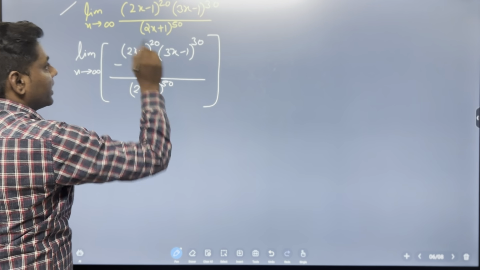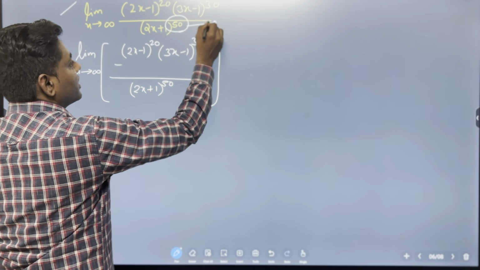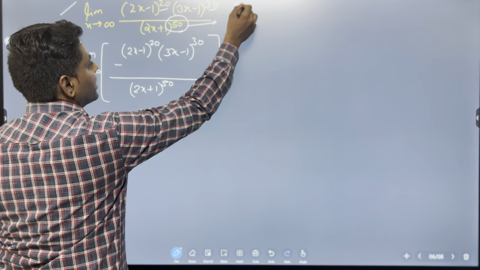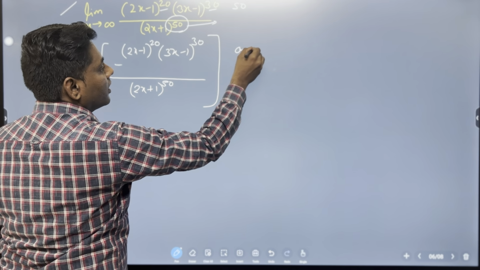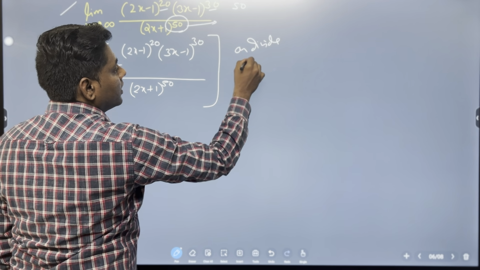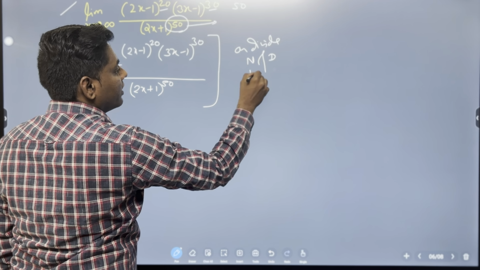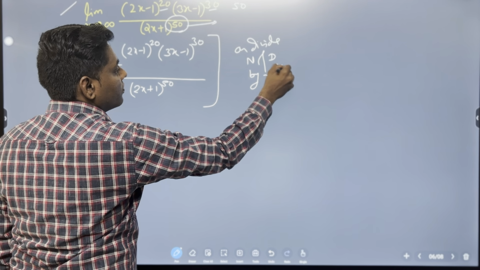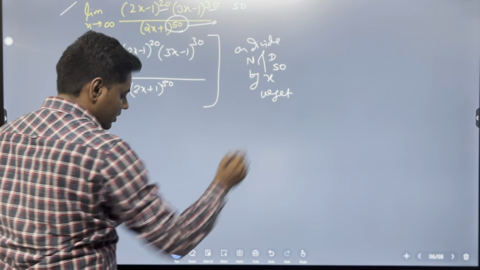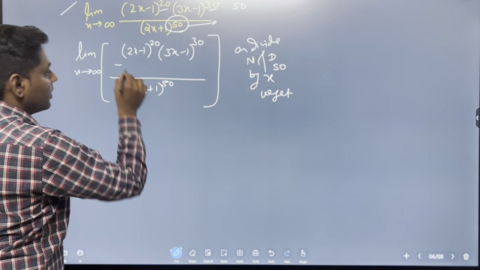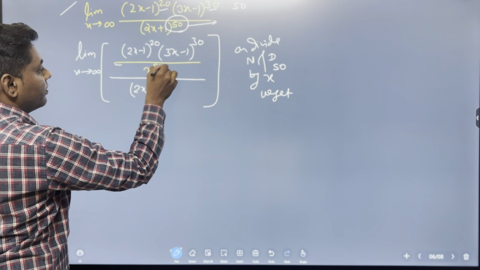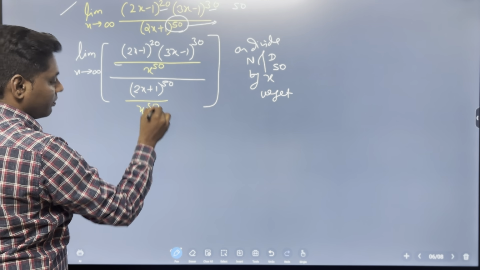So here we observe that the highest power of the denominator is 50, and 20 plus 30 is 50. So we have to divide numerator and denominator by x raised to 50. So after dividing, we get x raised to 50 divided by x raised to 50.